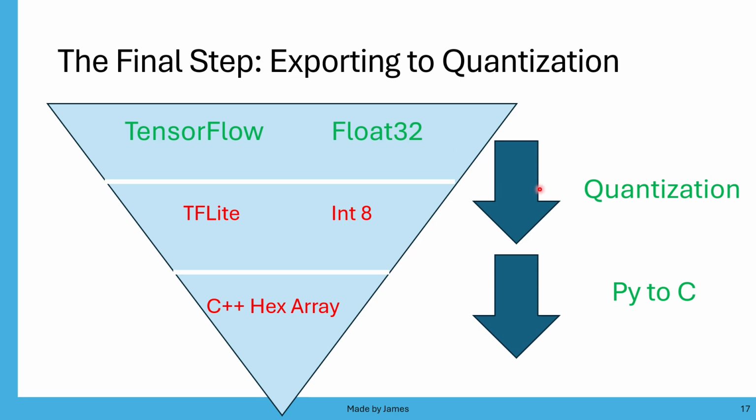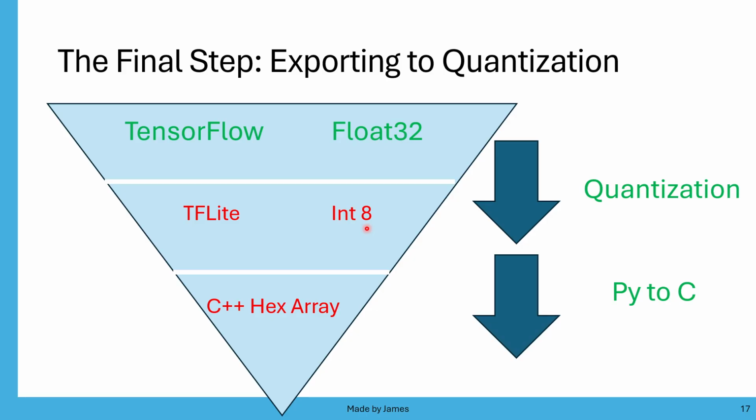Therefore, if we want to successfully land on the ESP32, we must go through a crucial compression process called quantization. This step is handled by Google's TF Lite conversion tool. Its magic lies in forcibly compressing the original huge 32-bit floating point numbers into 8-bit integers, or int8 format.